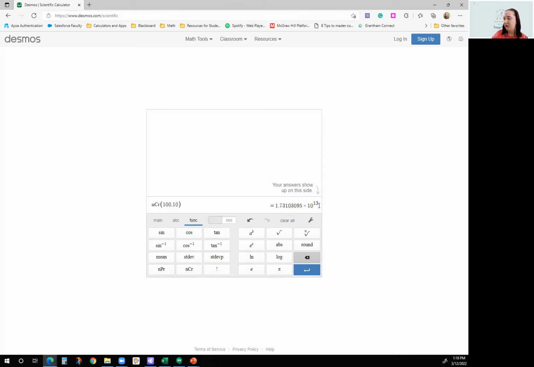So you're not actually going to have the exact number here, because our calculators are just rounding. They can't display every single number. So we're actually getting an approximation of the number of combinations, because the technology that we're using right here does not allow us to give more than that. There's no option to give the same number of decimals.